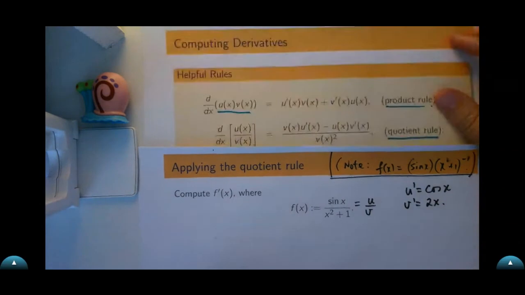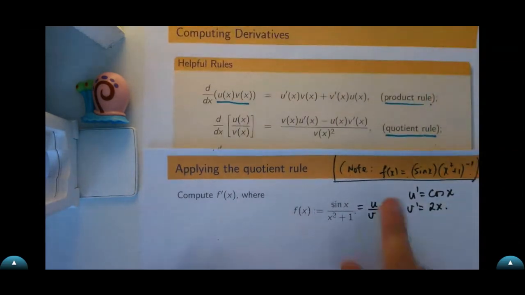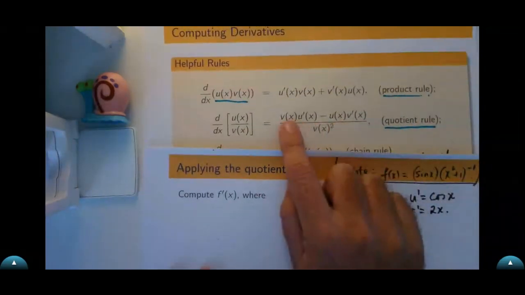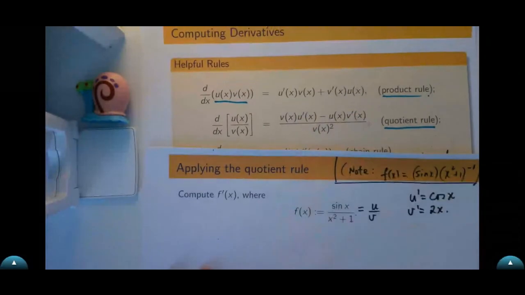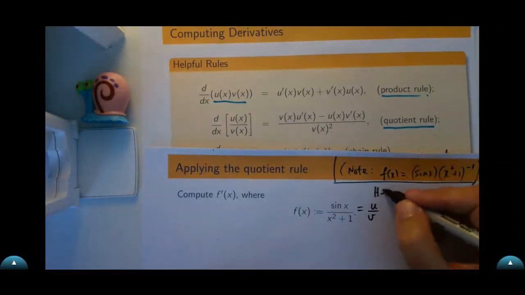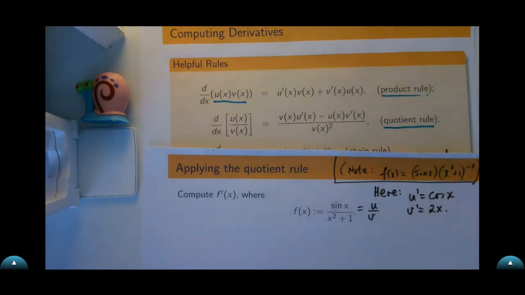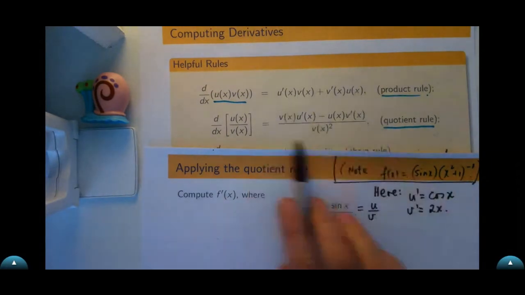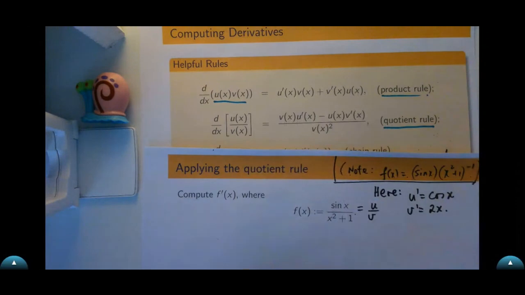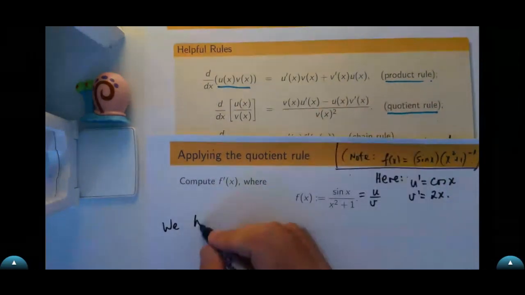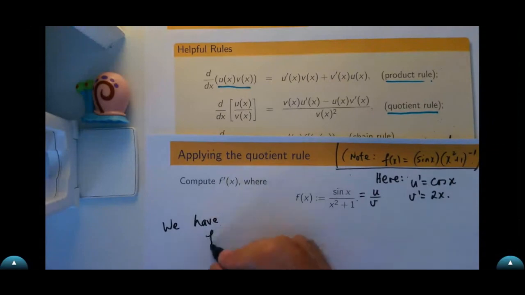Okay, so for my quotient rule, I need four things: u, v, u dash, v dash. So let's apply this, and we can compute the derivative.